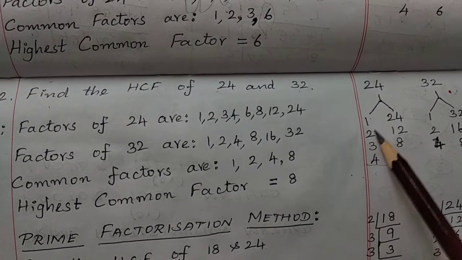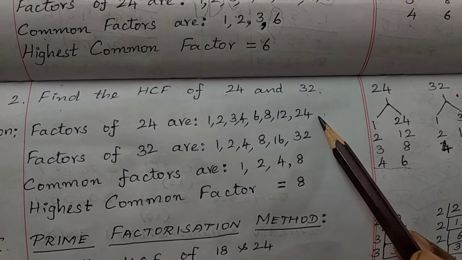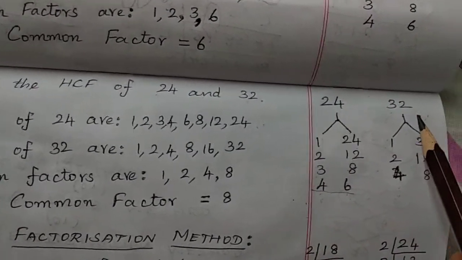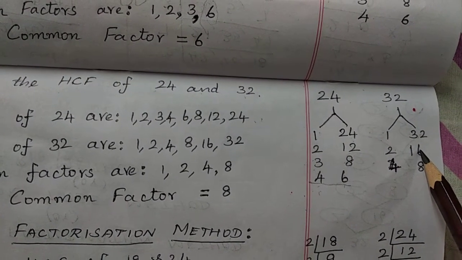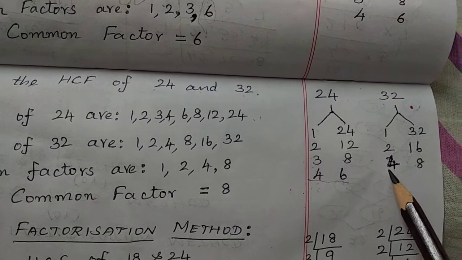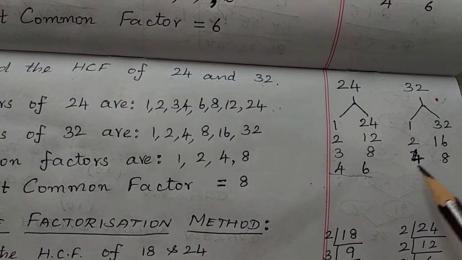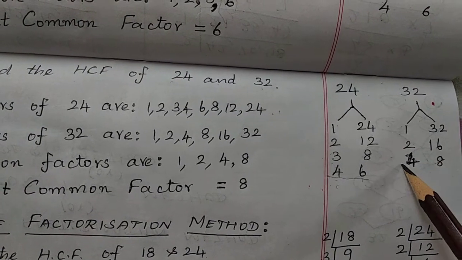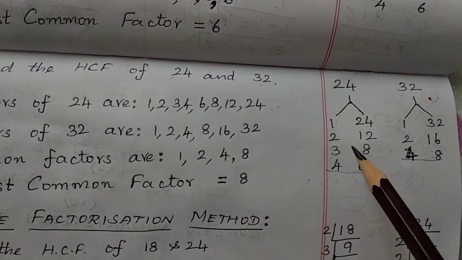Factors are 1, 2, 3, 4, 6, 8, 12 and 24. Now find the factors of 32. 1 into 32, 2 into 16, 3 into nothing, 4 into 8, 5 into nothing, 6 into nothing, 7 into nothing, 8 into 4. Repetition occurs, so stop here itself. So factors are 1, 2, 4, 8, 16 and 32.